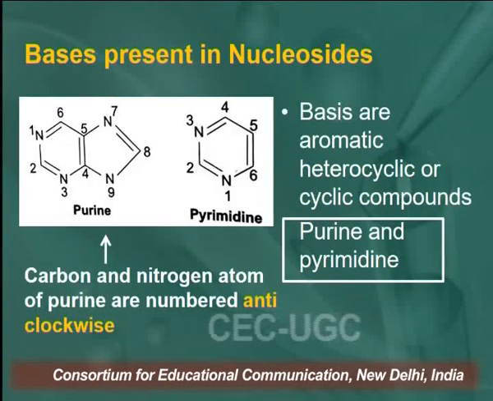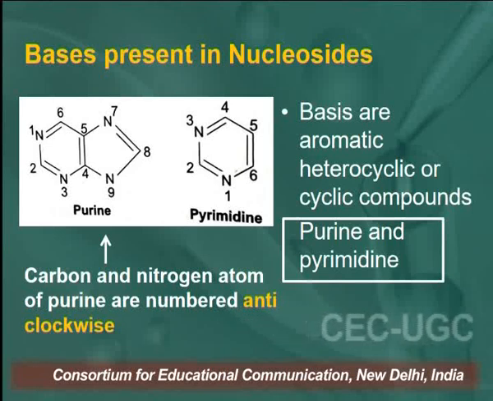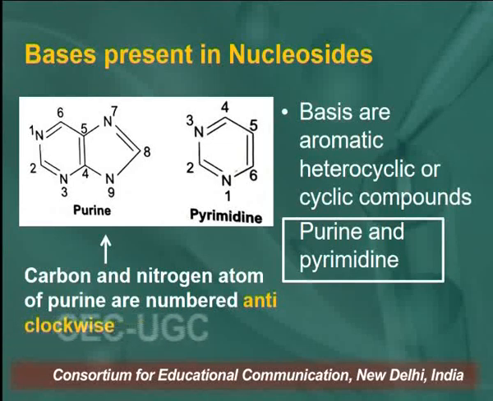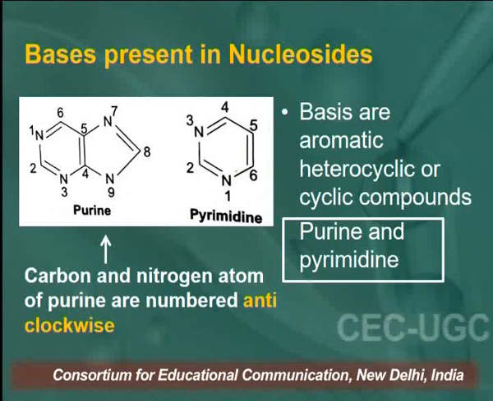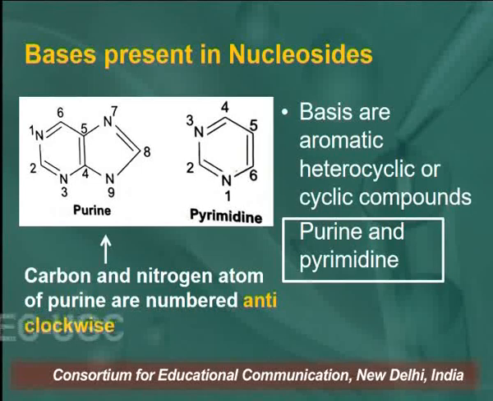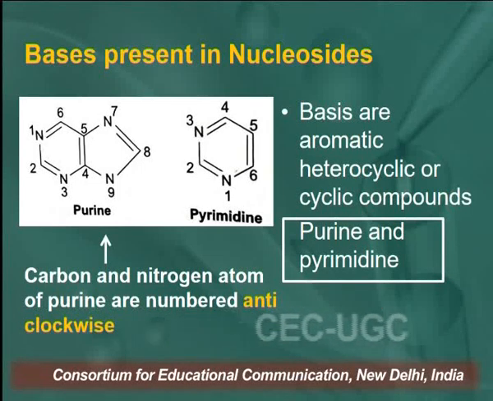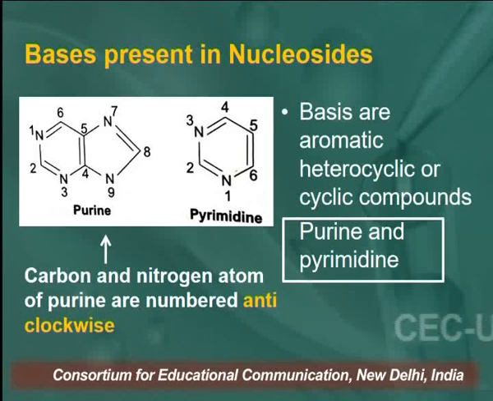Now, what are the bases present in the nucleoside? There are two types of bases present in the nucleoside. One is purine base and another is pyrimidine base. On your screen you can see the basic structure of purine base and pyrimidine base. In purine base you are looking here, there are two rings, it is a cyclic structure, an aromatic structure, also a heterocyclic structure.